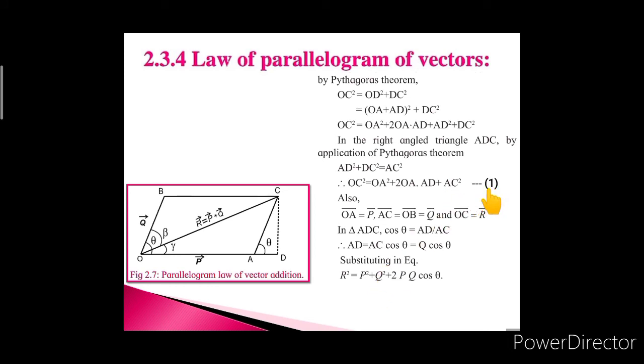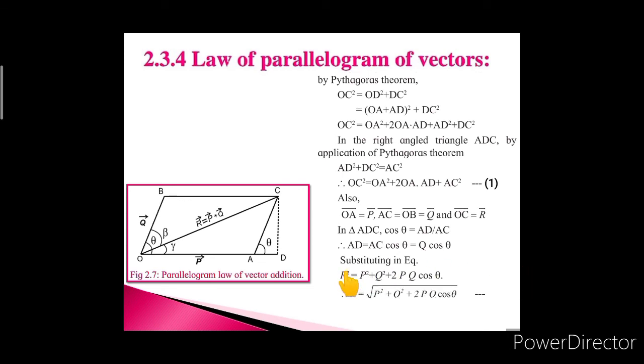So equation 1 becomes R square is equal to P square plus Q square plus 2PQ cos theta. Now in the next step we have to take the square root on both sides.